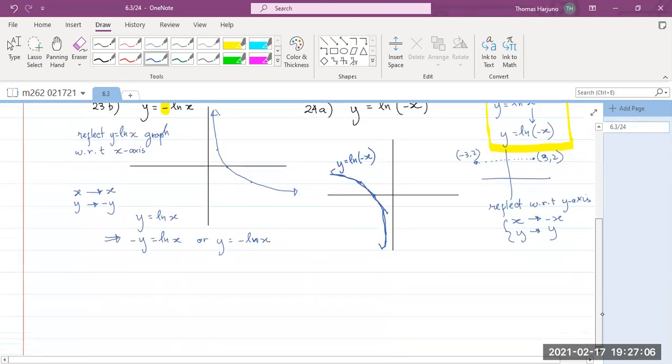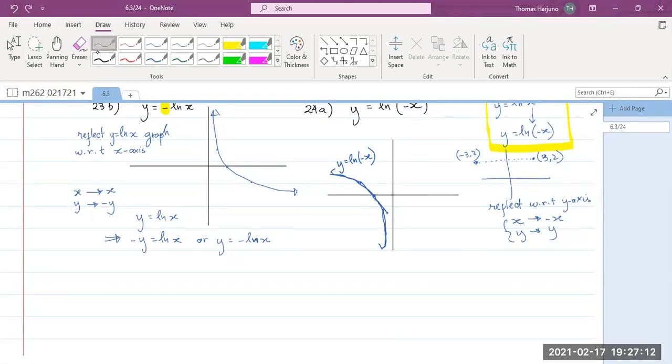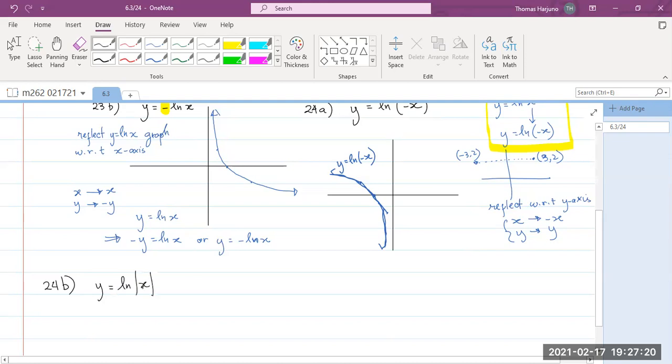Now, how about number 24b, Thomas? Number 24b, where we have y equals natural log of absolute x. Now we learn from pre-calculus again. So you see, you cannot run away too far from pre-calculus, huh? The absolute value of x equals x for x greater than or equal to 0.